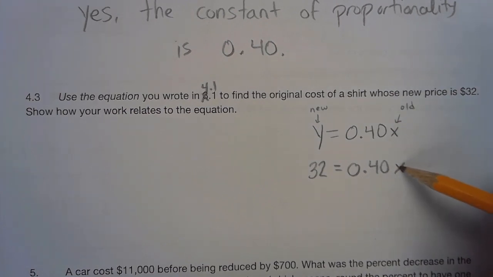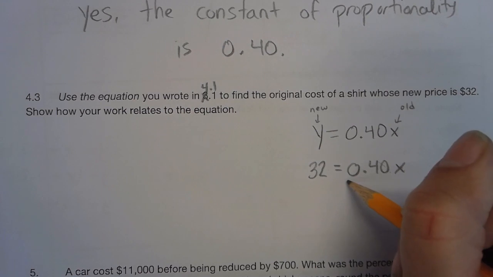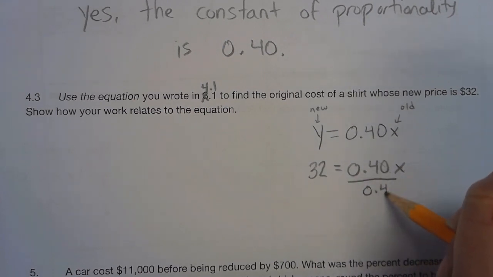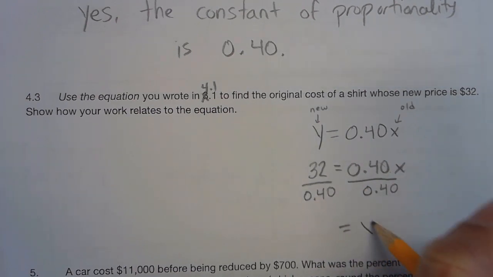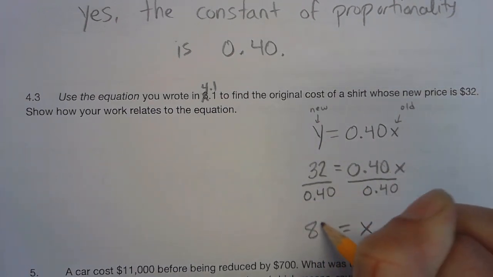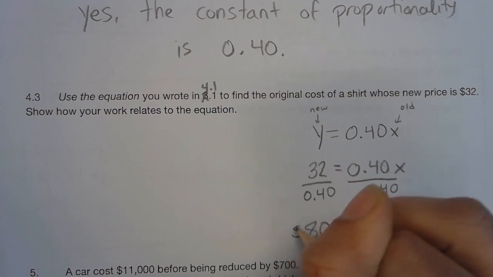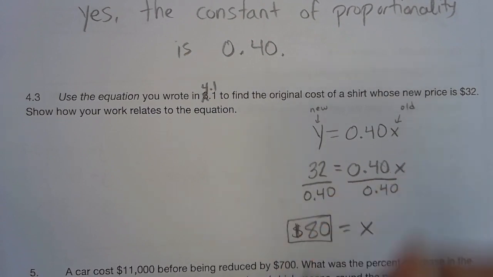Okay, how would I find x? Well, here x, my original cost, is getting multiplied by my constant of proportionality, 0.40, to get the new price. So to find x, I have to do the opposite of multiplying by my constant of proportionality. I'm going to divide by it, and then I will get 80. So the original cost of the shirt is $80.